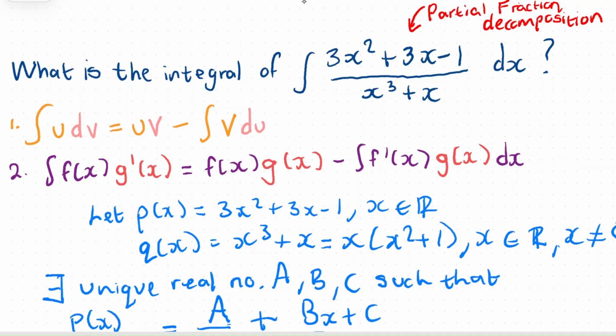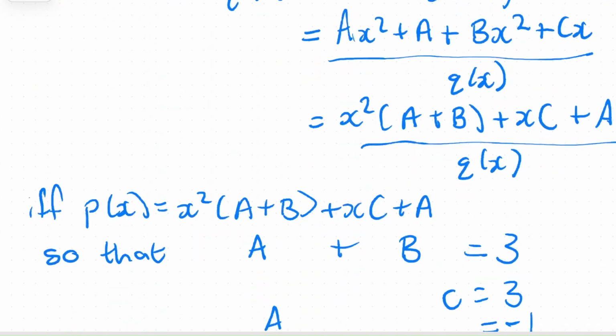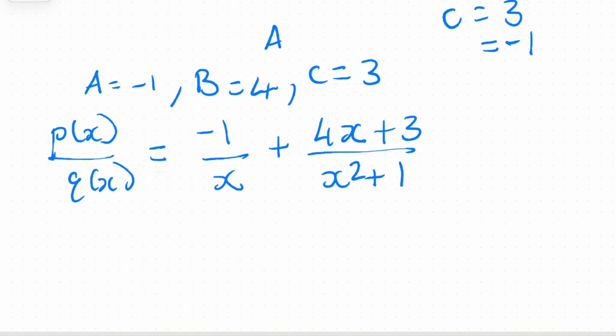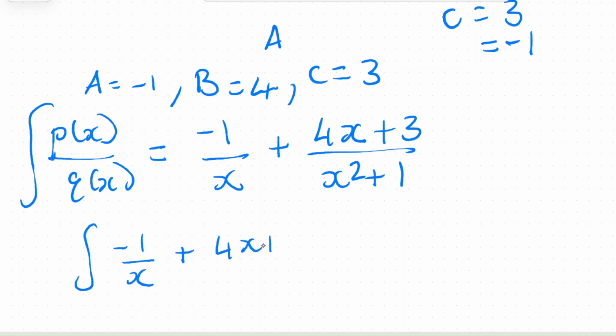And so we're finding the integral of this, which is f of x. And so this makes our life easier, because then we can say, okay, we know that p of x divided by q of x is f of x, so we can just find the integral of everything. So the integral of minus 1 over x plus 4x plus 3 divided by x squared plus 1 dx.